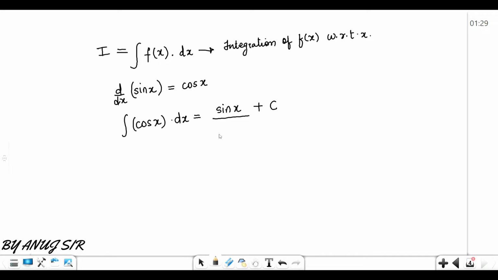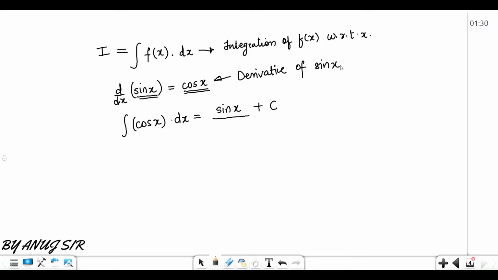Now I'll tell you, since we calculated the derivative of sin x, which is cos x, we can say that cos x is the derivative of sin x.